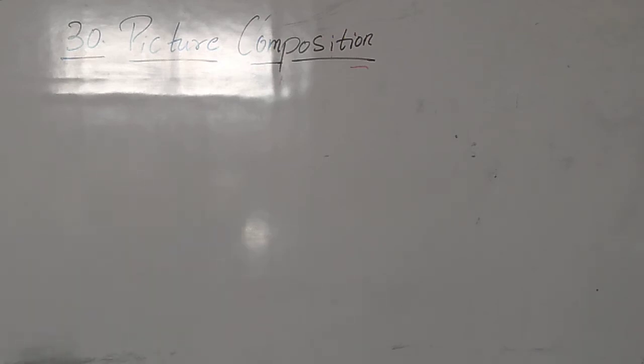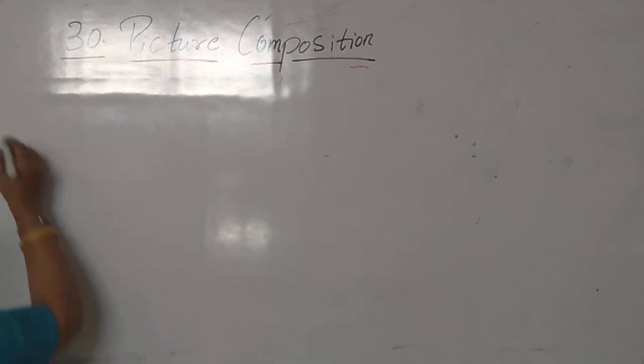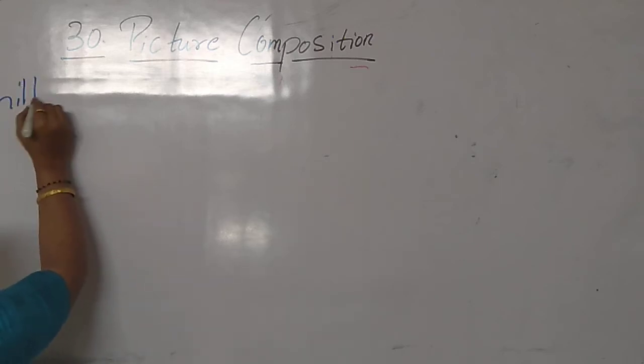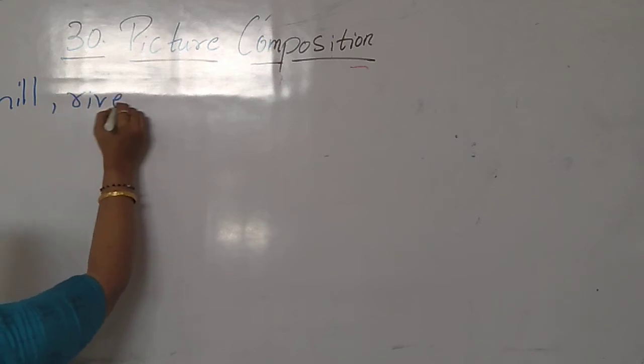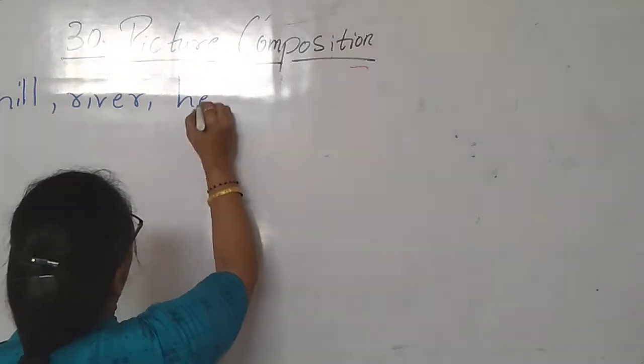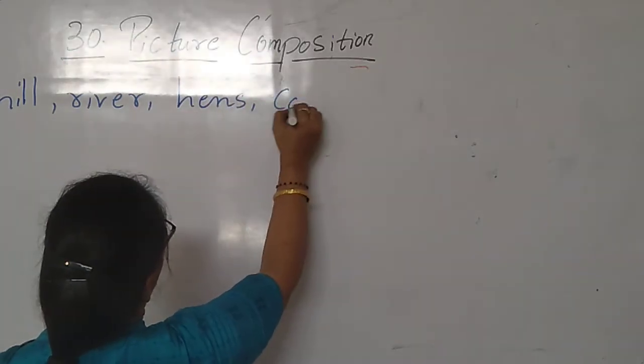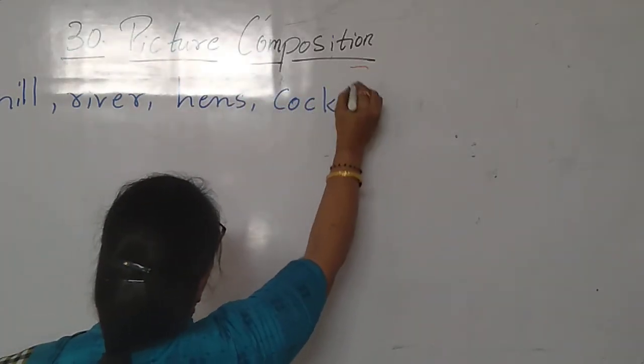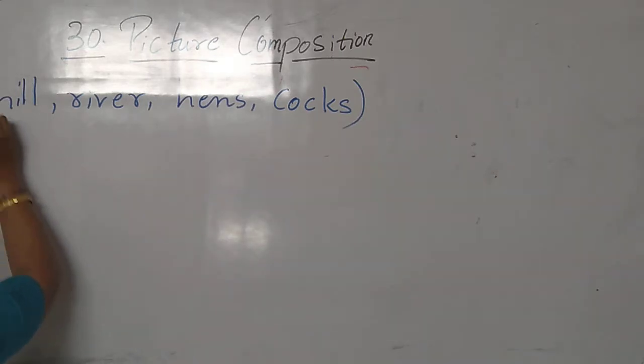Children, the next one is B1. In that they have given the words hill, river, hens, cocks.